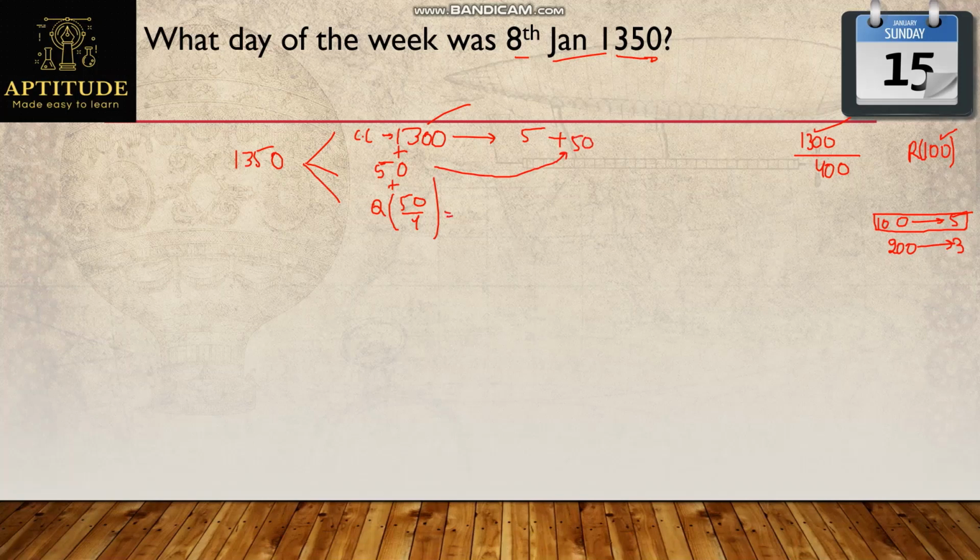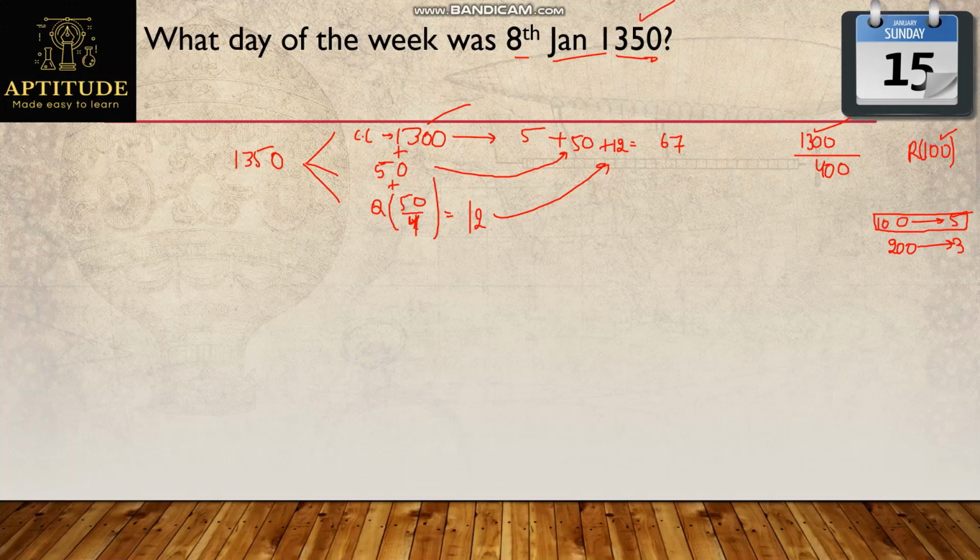And what is the quotient we get? 4 twelves are 48, so 2 will be left over as a remainder. We should not bother about that. Just consider the quotient, which is 12. Add this 12 here. 50 plus 12 is 62, plus 5 is 67. So I got 67 odd days for 1350.